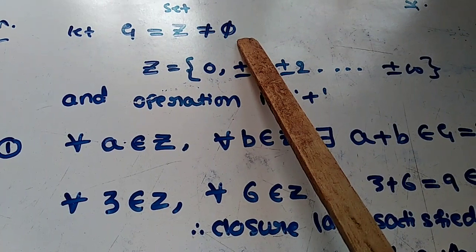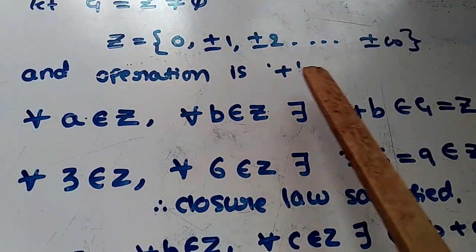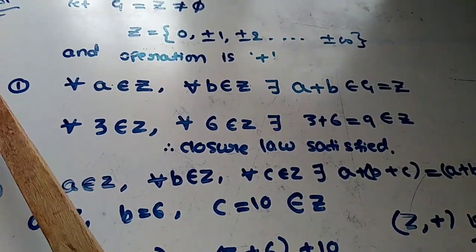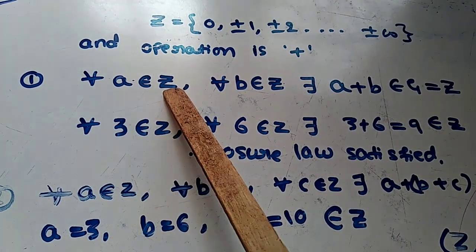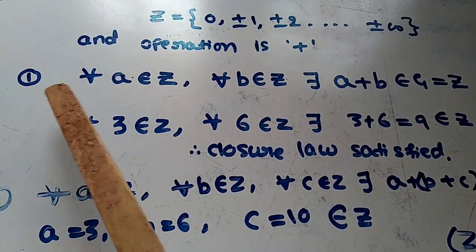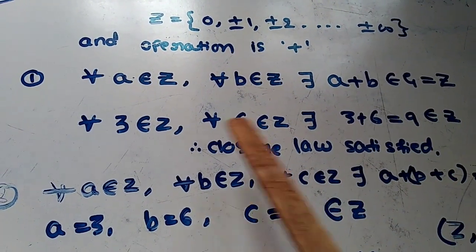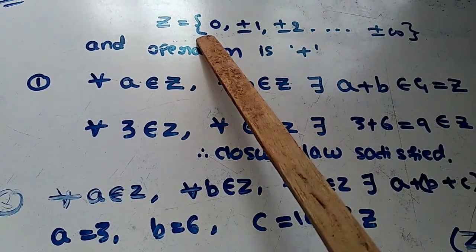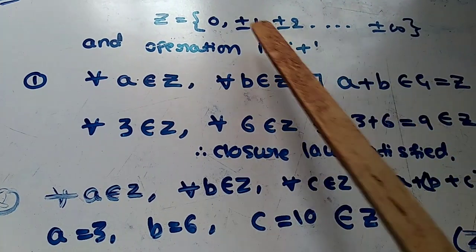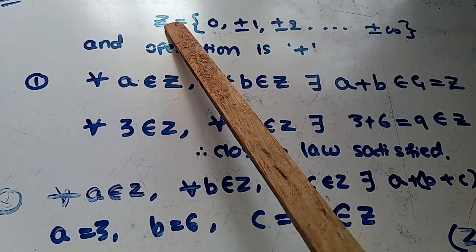Therefore this is non-empty, and we are using the operation plus here. This is our first condition, for satisfying the closure law. For all A belonging to Z, it means, for checking this closure law, we have to take an element, take anything from this set. You have to select from the set, so that it belongs to this Z only.